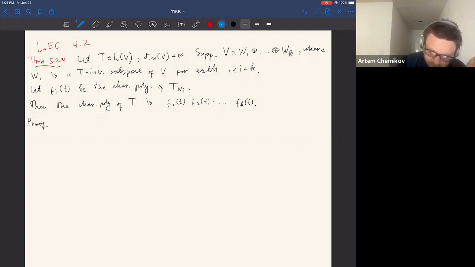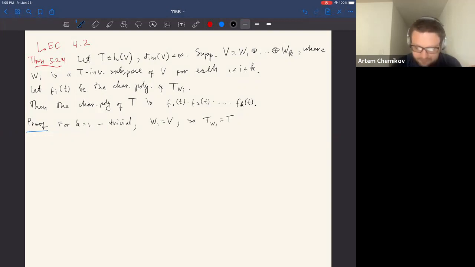Let me recall where we stopped last time. We have established the base case. First of all, for k equals 1, this is trivial, because in that case we simply have W1 equal to V. And so T restricted to W1 is just T itself, because we are not restricting to any proper subspace.